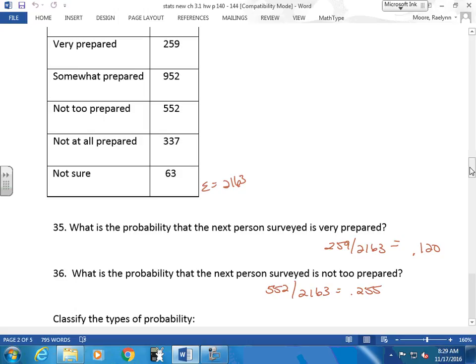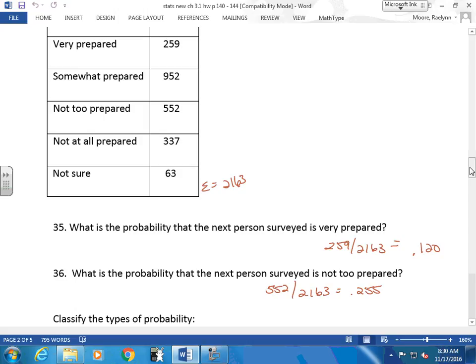What is the probability that the next person surveyed is not too prepared? Take the not too prepared over the total and give me the 3 decimals. Again, this chart is a tricky chart. Very prepared, somewhat prepared, not too prepared, not at all prepared. They're kind of like overlapping.